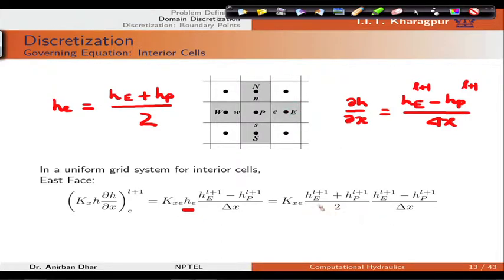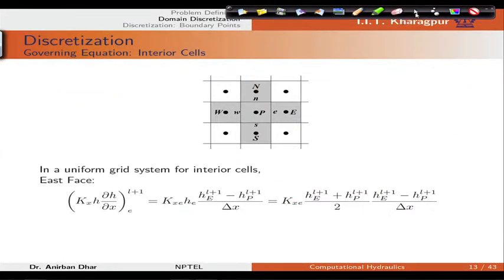So, this is our face value and this is the derivative value multiplied by K x e, that means hydraulic conductivity at the face. Now, we are considering that we have homogeneous isotropic system, but in this case we are considering generalized formulation. So, we will simply use K x instead of this K x e.